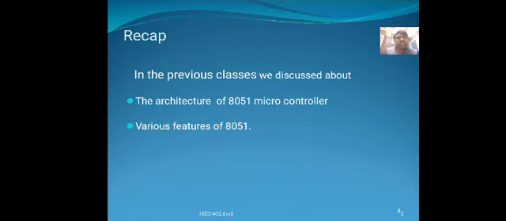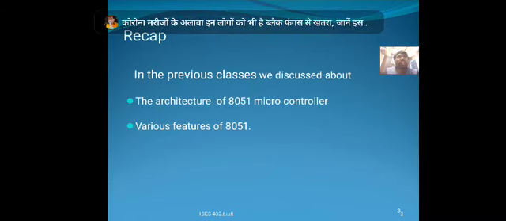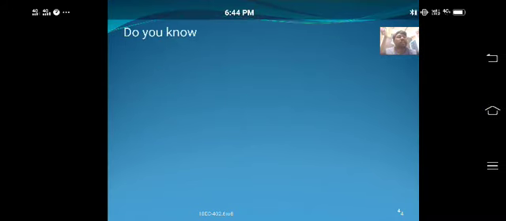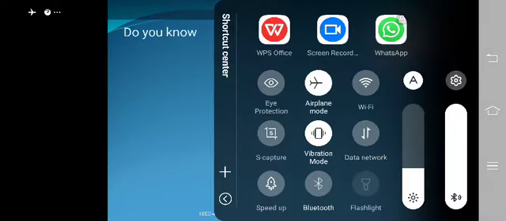After completing the major topics, we enter into programming, that is, how to write a program in the microcontroller. For that we require a specific instruction set, that is, how to write the program in a microcontroller language.